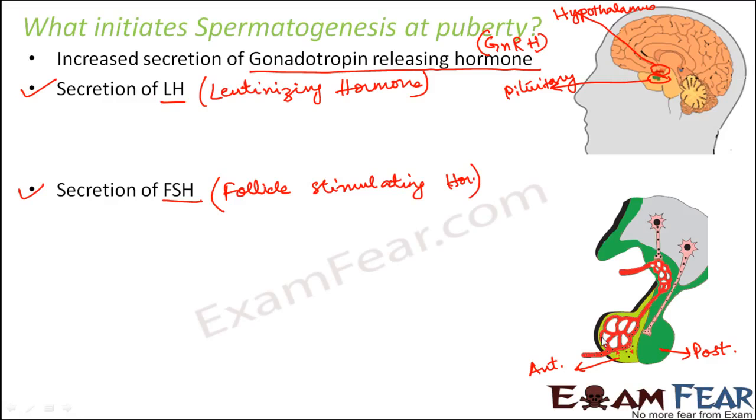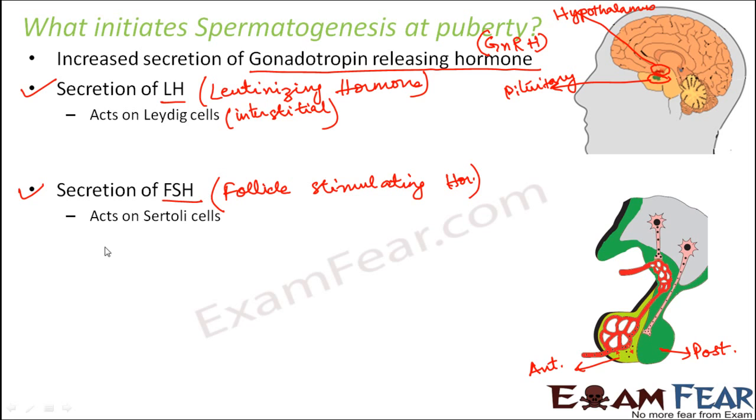Once LH and FSH are secreted, on which cells of the body do they act? The LH hormone, or luteinizing hormone, acts on the Leydig cells. What are Leydig cells? The cells present inside the testis in the interstitial spaces, so the Leydig cells are the interstitial cells.